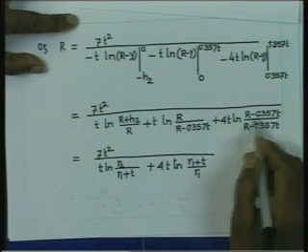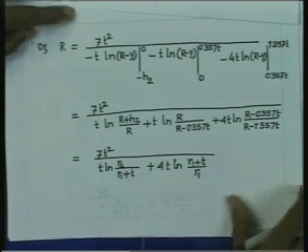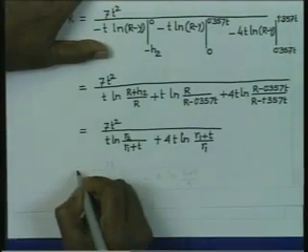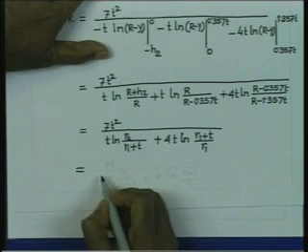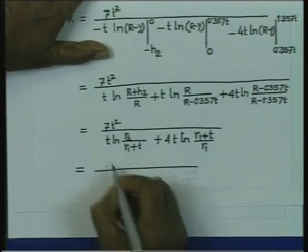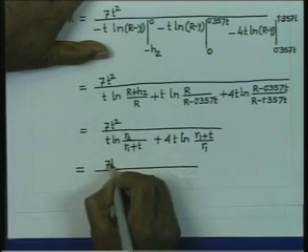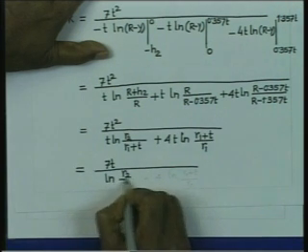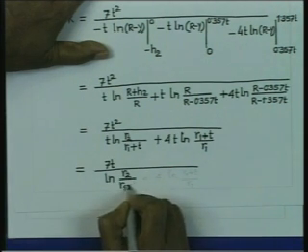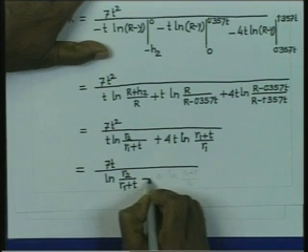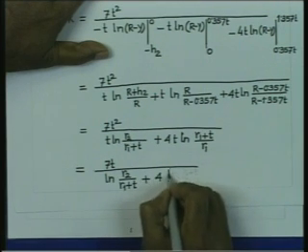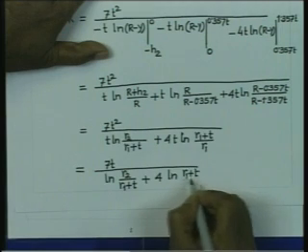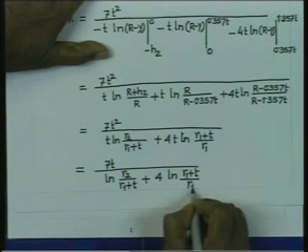So, we are substituting the value here in terms of r1 and r2. Finally, this gives us t cancels out. So, we will have 7 t over ln r2 by r1 plus t plus 4 ln r1 plus t divided by r1.